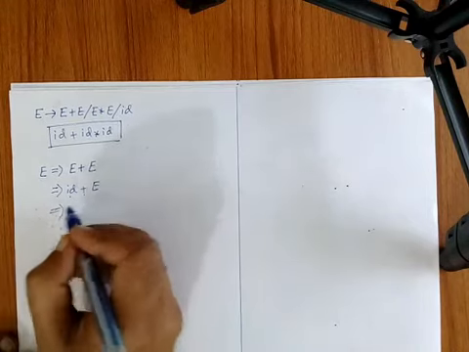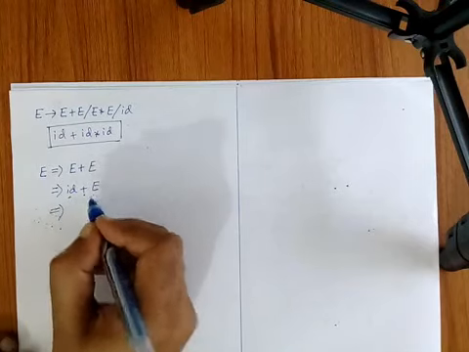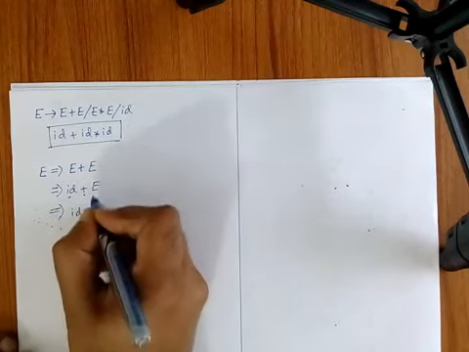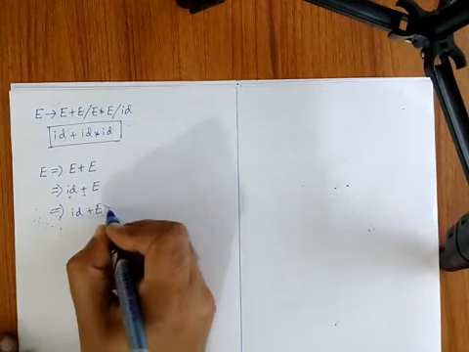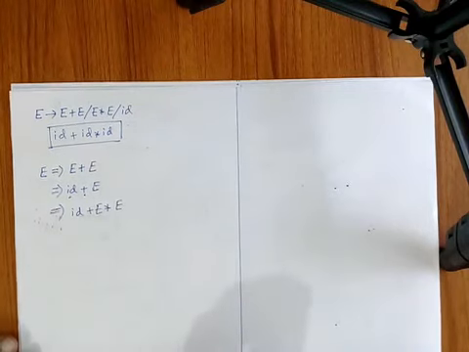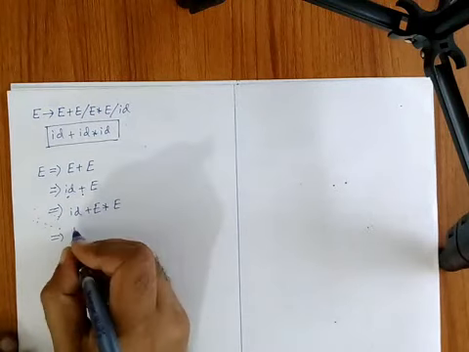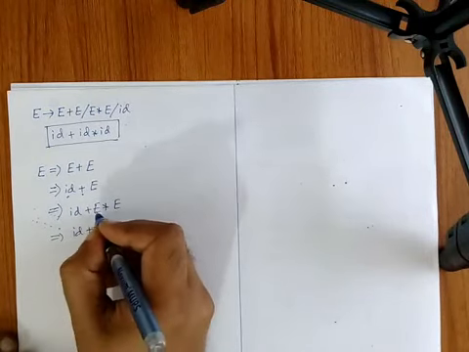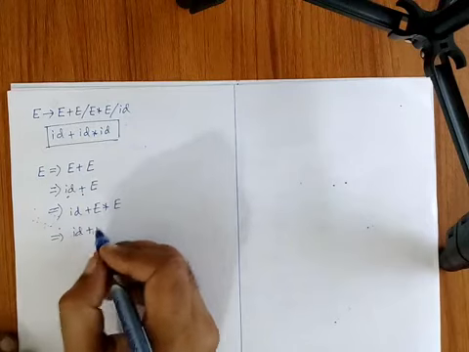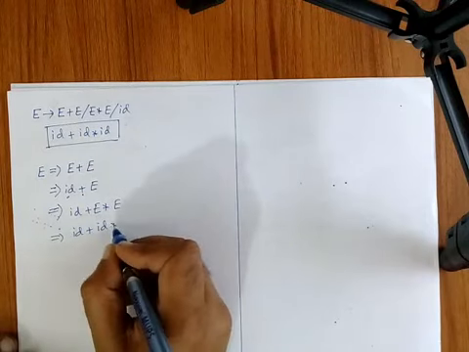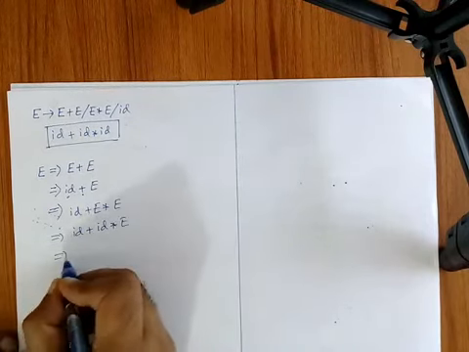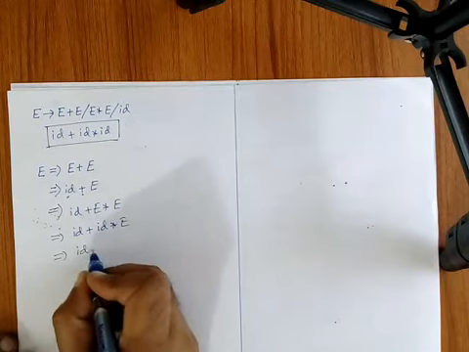ID is a terminal, plus is a terminal, so we go to the next one. Then we replace this one with E star E. Then this E is going to be replaced by ID, so we get ID plus ID star E. Finally ID plus ID star ID.